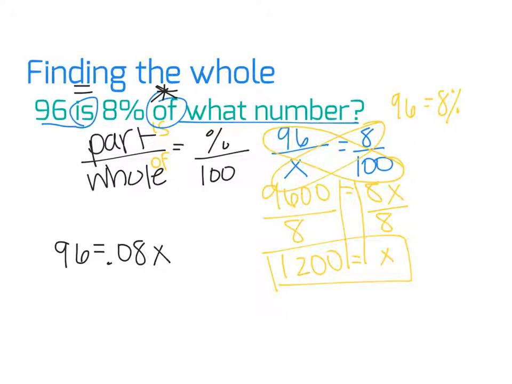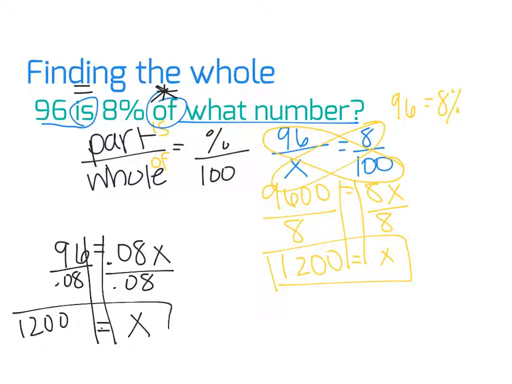Once again from here, if you were setting it up as an equation, you would go ahead and get x by itself by dividing both sides. And then you would be done and you would get the same exact answer for that one. If you have questions on either of those two that we just went over, please make sure you let me know.